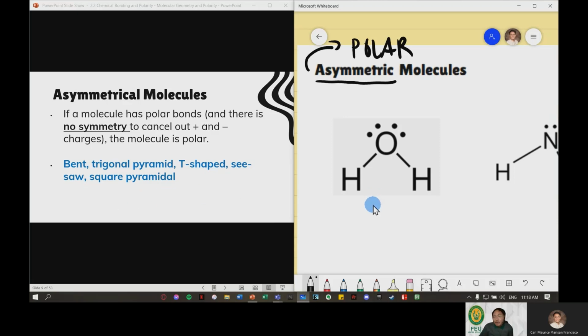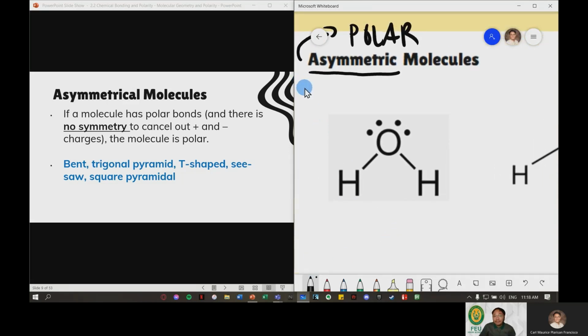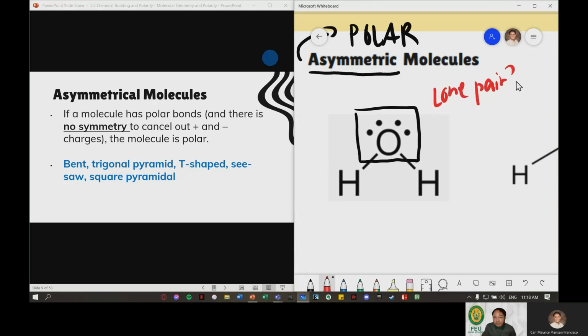Let me give an example on how we may identify that a shape is asymmetric. Just like a while ago, check the central atom. The central atom, does it have any lone pair? Yes, it has lone pairs.